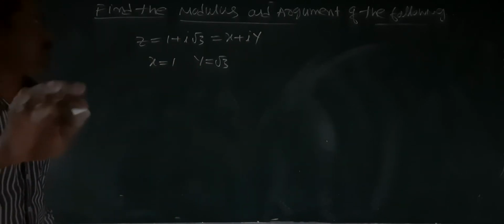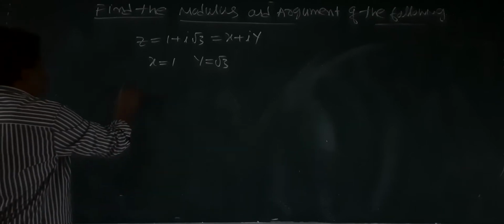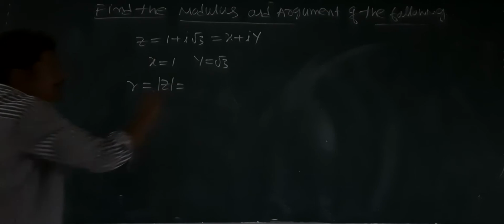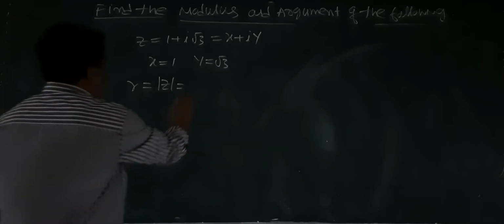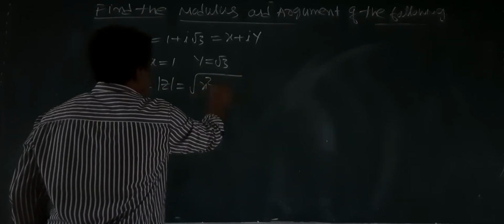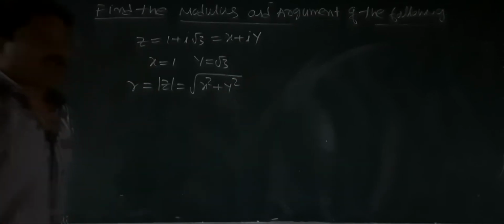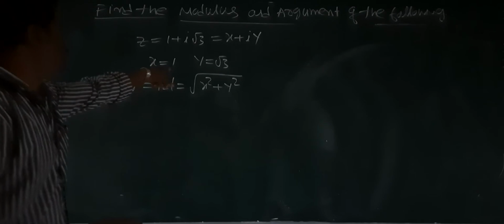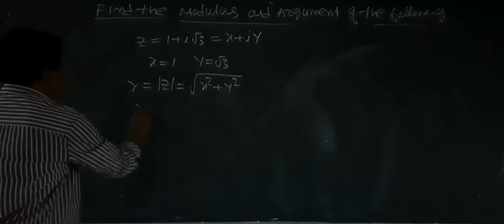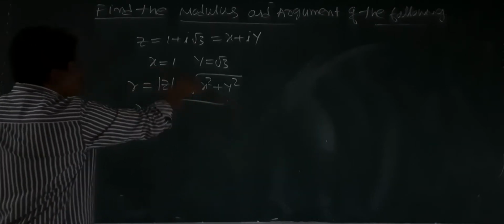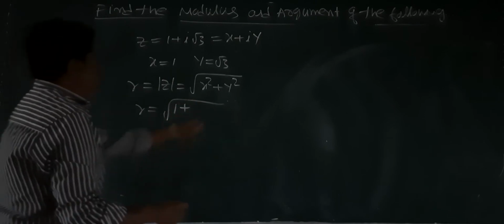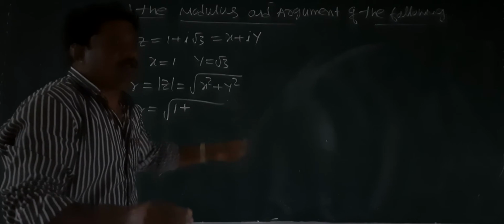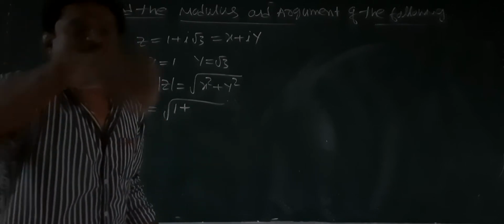First let us find the modulus. R means modulus, mod Z. Tell me the formula for that. Root of x square plus y square. So r equals root of 1 square plus root 3 whole square.